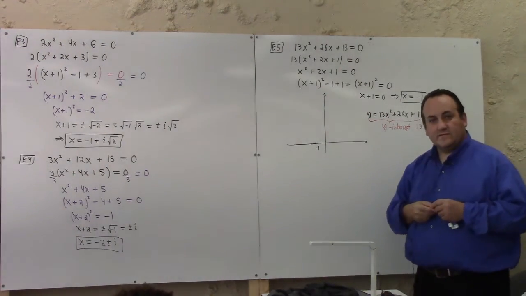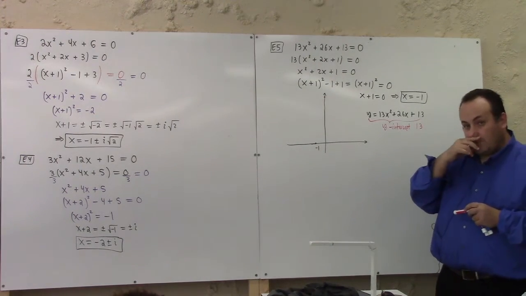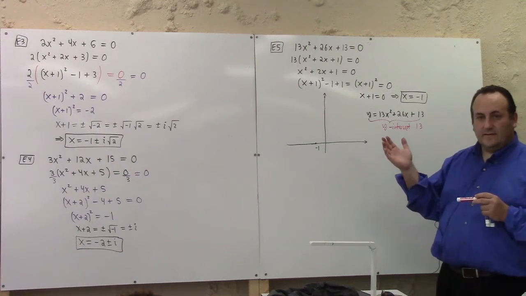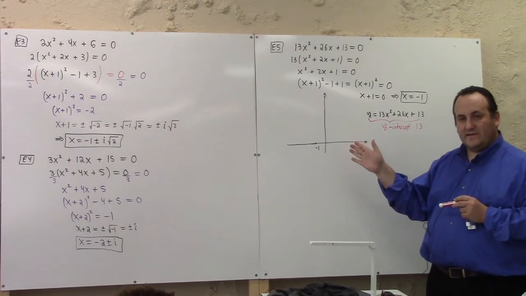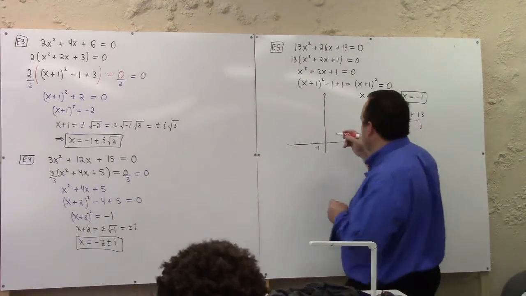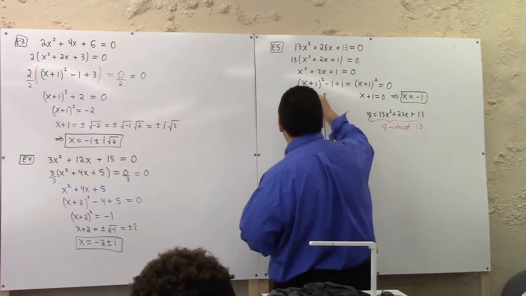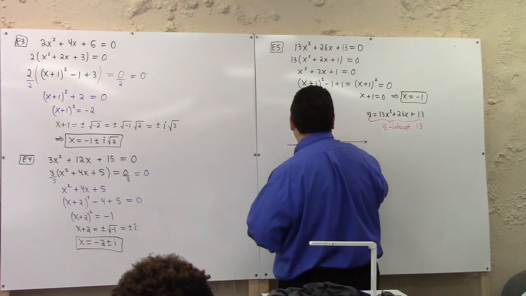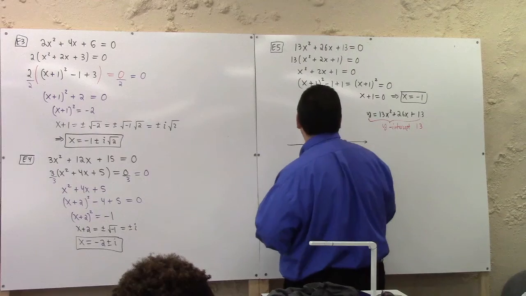Where's the vertex for this parabola? It's at minus 1. So the vertex is where the x-intercept is. That's what happens in this case, right? I like to say it bounces. So it kind of bounces off the graph. There it is.